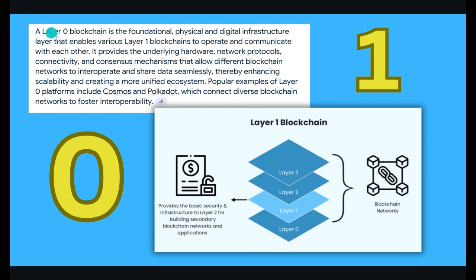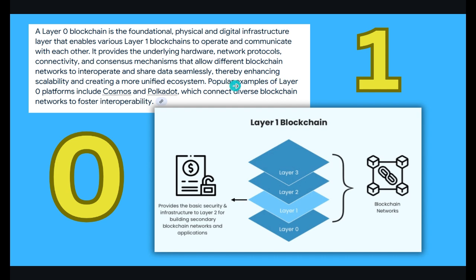But a layer 0 blockchain is the foundational physical and digital infrastructure layer that enables various layer 1 blockchains to operate and communicate with each other. It provides the underlying hardware, network protocols, connectivity, and consensus mechanisms that allow different blockchain networks to interoperate and share data seamlessly, thereby enhancing scalability and creating a more unified ecosystem.